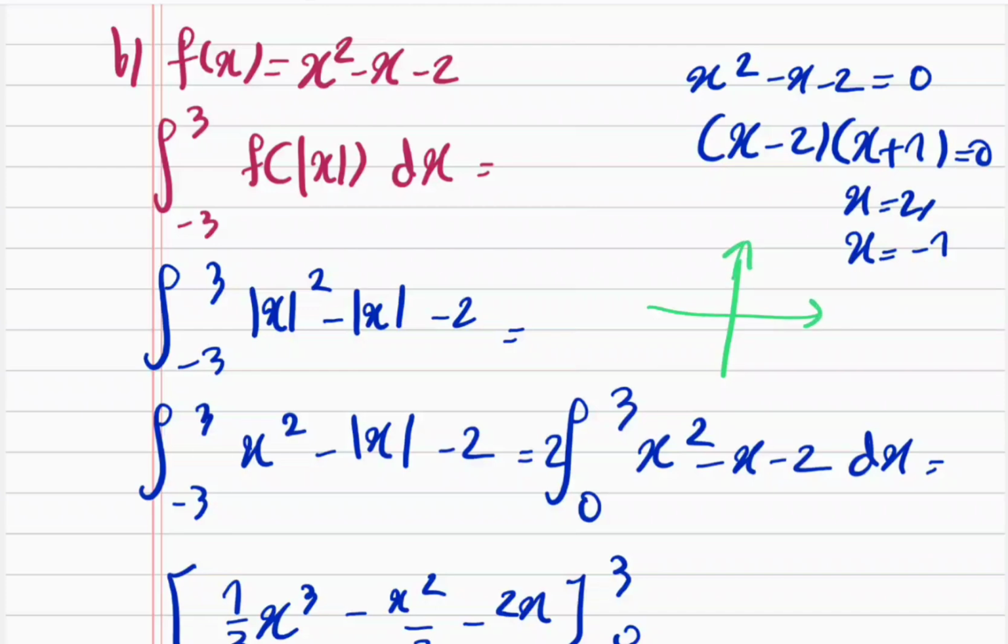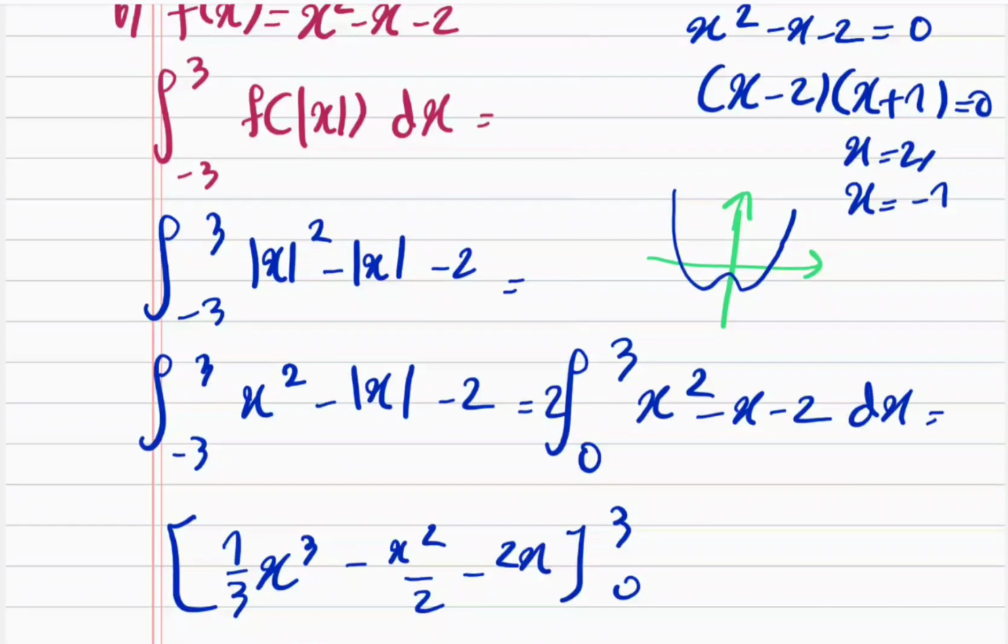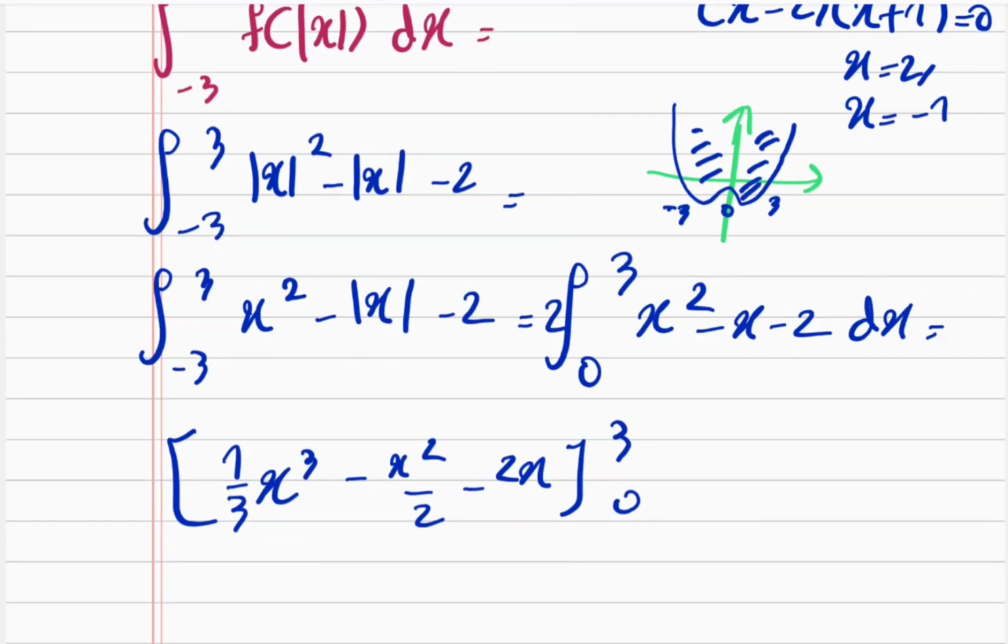If you draw this graph, it's going to roughly look like this. It's not the best graph, but the idea is that this side is symmetrical to this side. So instead of integrating from minus 3 to 3, which is the whole region, since it's symmetric, we can only integrate from 0 to 3 and then double that value.